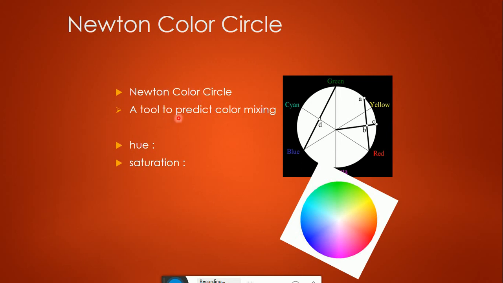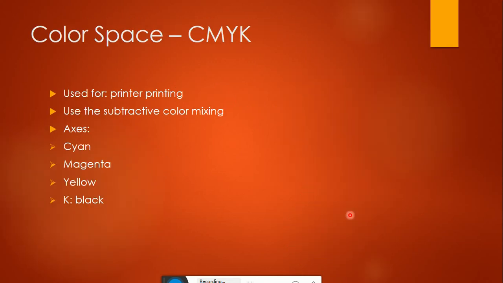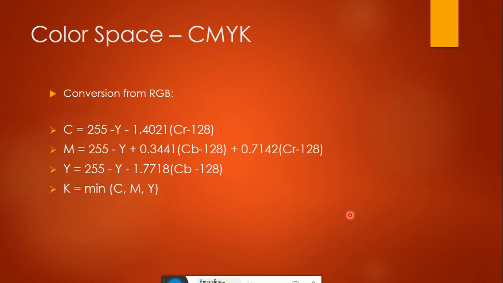False color composite: near infrared band on red, red band on green, and green band on blue. And this false color composite is very important. When the near infrared is shown in red, the red band is replaced by green, and the green band is replaced by blue, this is a false color composite.